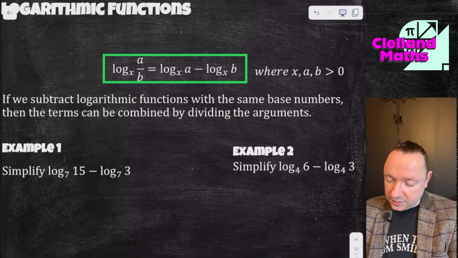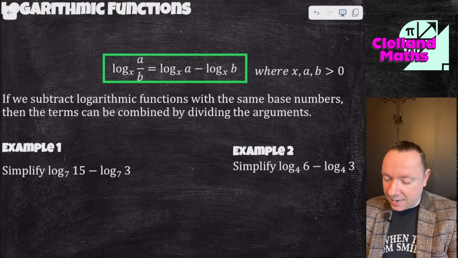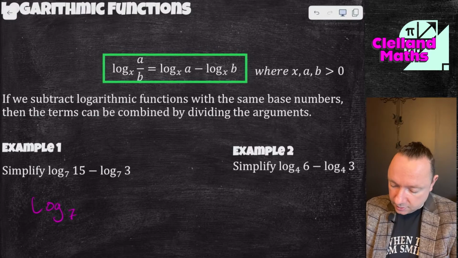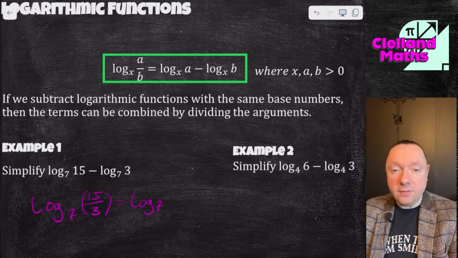A couple of other examples using that rule. To combine log base 7 of 15 minus log base 7 of 3, I can use the division rule. Log base 7 of 15 over 3. Log base 7 of 5, since 15 divided by 3 is 5.